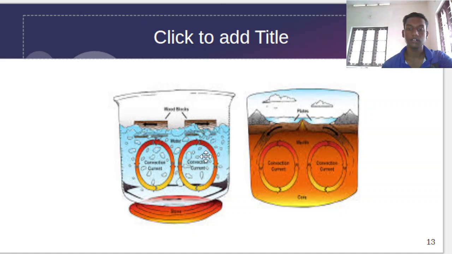And here is the representation: if you dip two wooden blocks in a container and start to heat, you can see that these blocks will be moving apart, or they will be moving towards each other, or they will be just passing by each other. And this forms a very important theory called the tectonic plates theory.